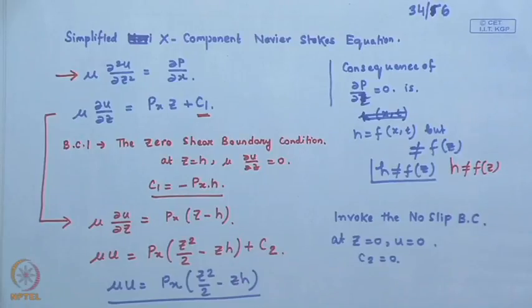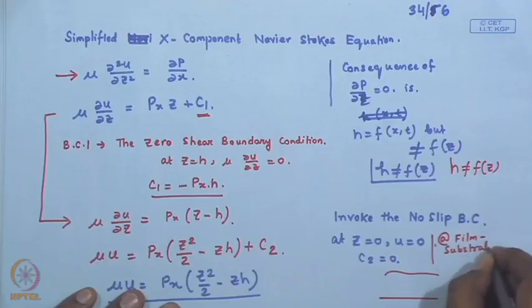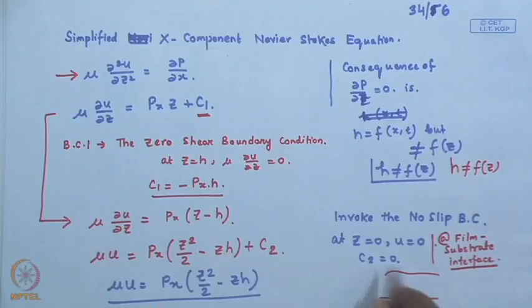The second boundary condition we have invoked is the no slip boundary condition at the film substrate interface, which gives us C2 is equal to 0.